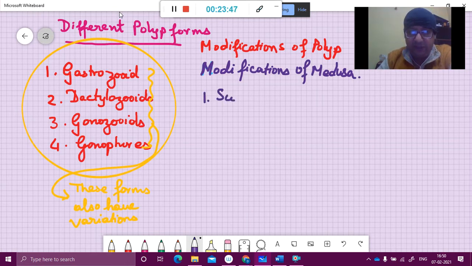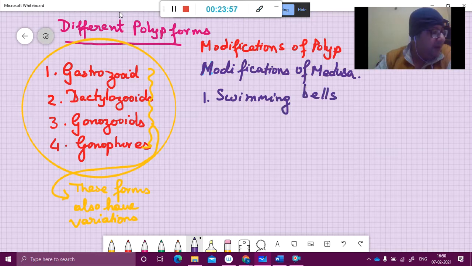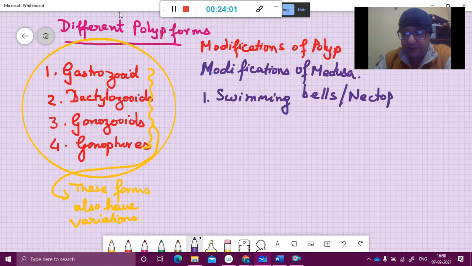The first are the swimming bells. Those bell-like structures which you see, they are medusoid. They are motile forms. Swimming bells, they are also known as nectophores. They are also known as nectocalyces.